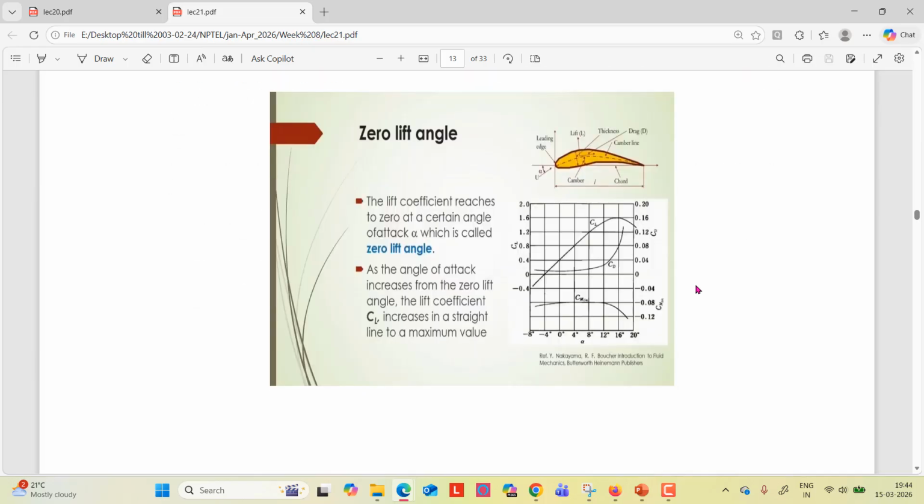Now you can see the zero lift angle. That means the lift coefficient CL reaches zero at a certain angle of attack alpha, which is called the zero lift angle. As the angle of attack increases from the zero lift angle, the lift coefficient CL increases in a straight line to a maximum value. You can see how CL is increasing, the drag is decreasing and again increasing, and the moment coefficient is decreasing.